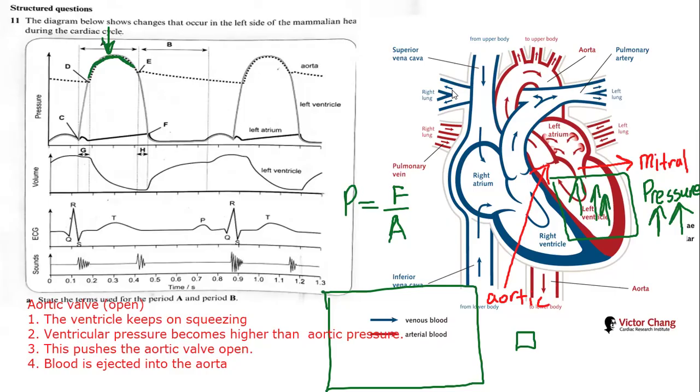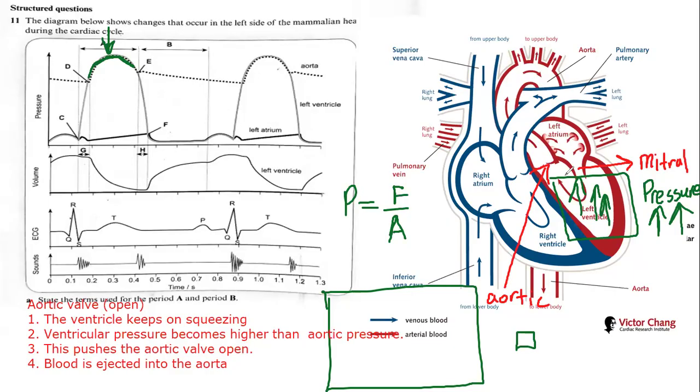All right, Leonie, can you tell me how the aortic valve opens? It opens due to the pressure of the left ventricle squeezing to push it up to the aorta. Very good. So the pressure in the left ventricle becomes higher than the pressure where? I'm talking about the aortic valve.